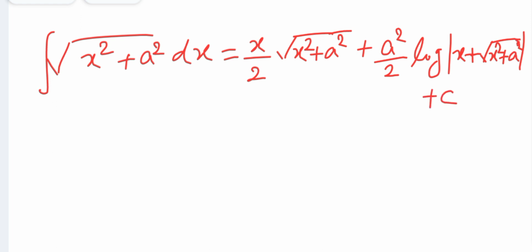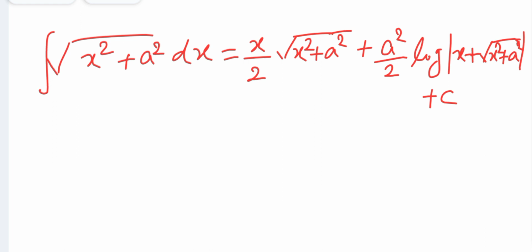This is the formula, correct? Integration of root over x square plus a square dx is x upon 2 root over x square plus a square, plus a square upon 2 log of x plus root over x square plus a square, plus c. You can study one or two more formulas, which I will discuss after solving this question.